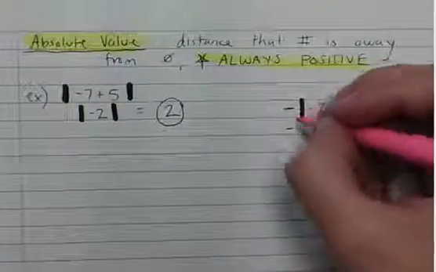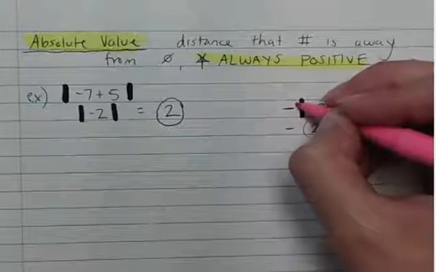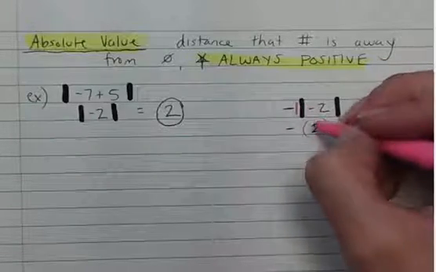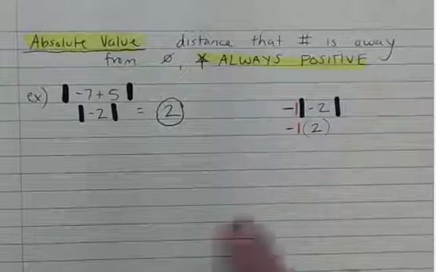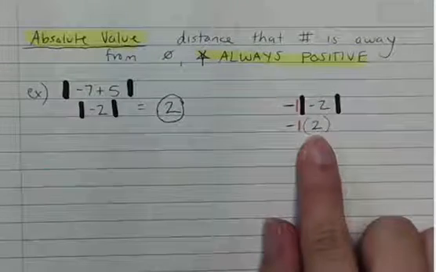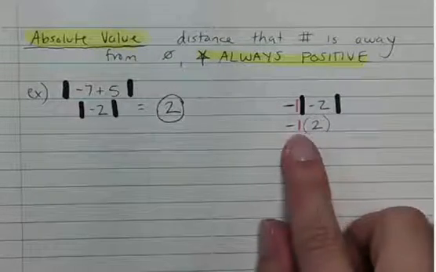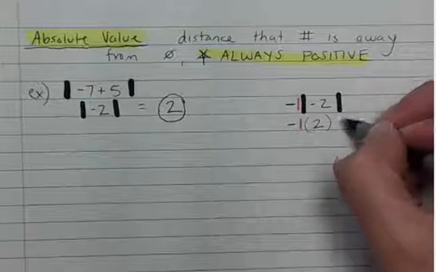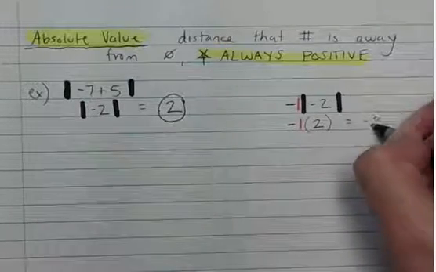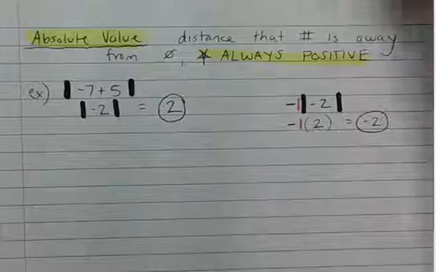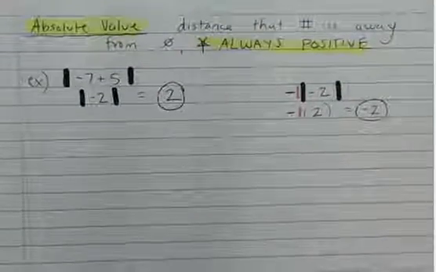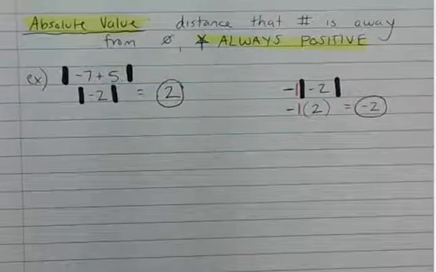So I always think, well, what number is really standing in front of that absolute value? It's really -1. So when I drop the bars, my answer here is +2, but the next step I have to do is multiply that -1 times 2, which ends up being -2 as my answer. We'll talk more about that. You'll get used to that a little bit more later on.